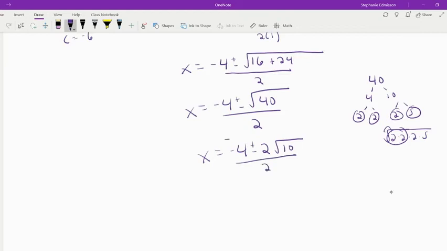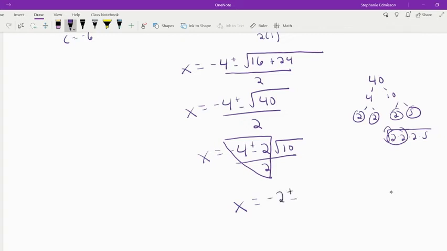Now, draw your triangle and simplify. Remember, we cannot simplify what's in the root sign because those are leftovers and we have to leave them inside of there. We can't mess with those. But this one, since it was pulled out, we can mess with it. So x equals, well, these all share a greatest common factor of 2, so I can divide them all by 2. -4 divided by 2 is -2.